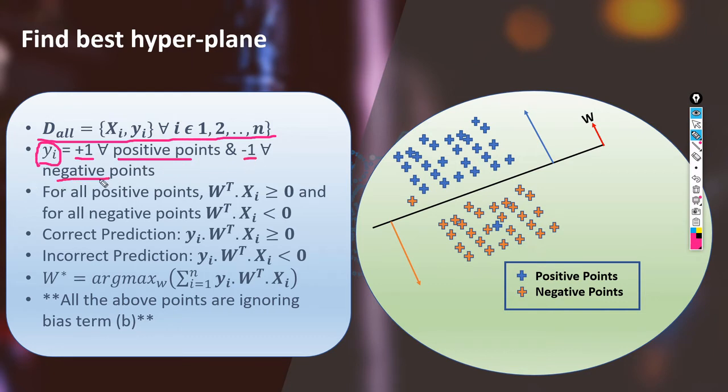You can take +1 and 0 like the previous case in KNN, but it's better to use +1 and -1, because we will see from the optimization point of view what this +1 and -1 indicates. Now if you see, this +1 and -1 of yi is actually the sign. From +1 we can see it is a positive sign, that means it is a positive point, and -1 is a negative sign, that means it is a negative point.